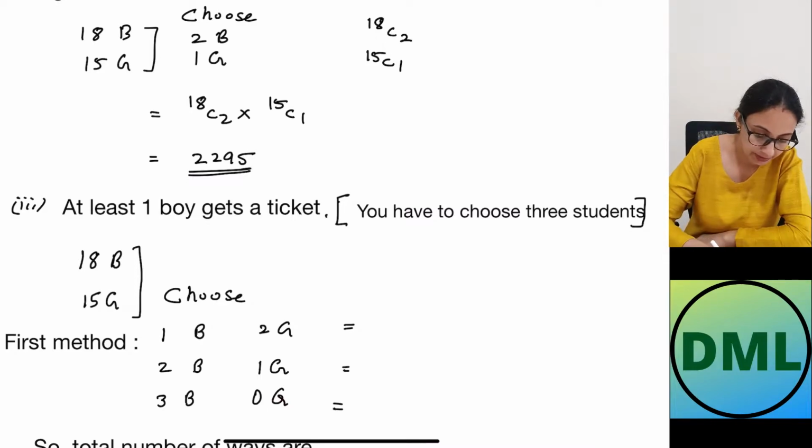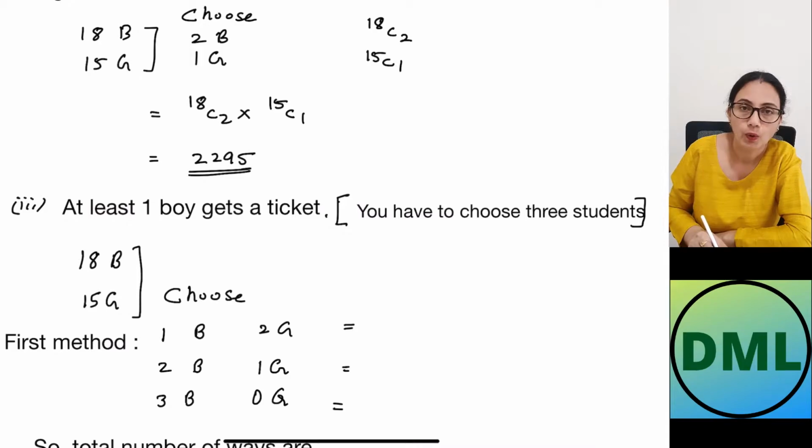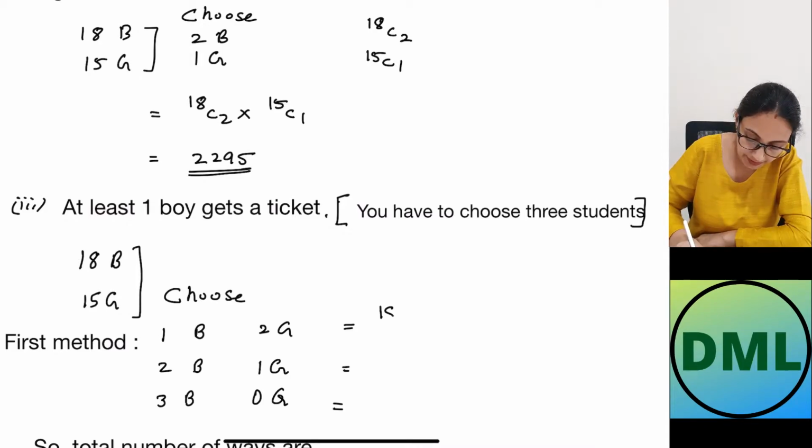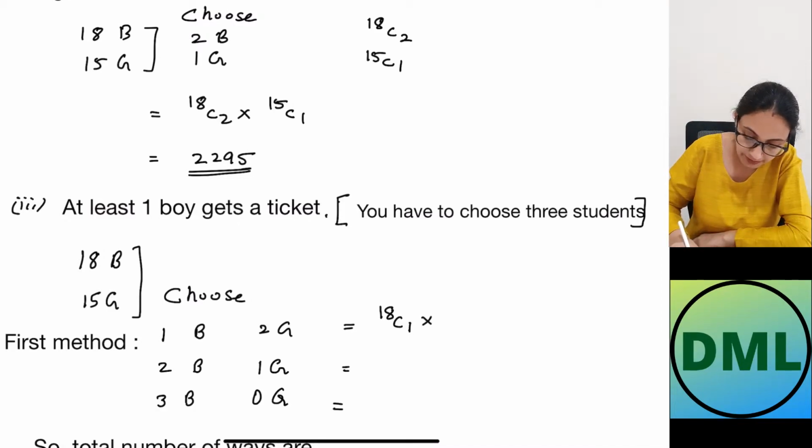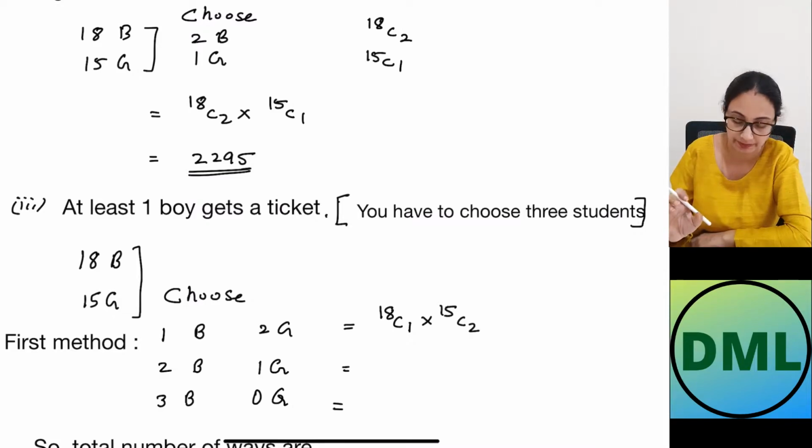Out of 18 boys I am picking 1 boy, which can be done as 18C1. Out of 15 girls I am picking 2 girls, which can be done as 15C2. I am doing it together, so I multiply.